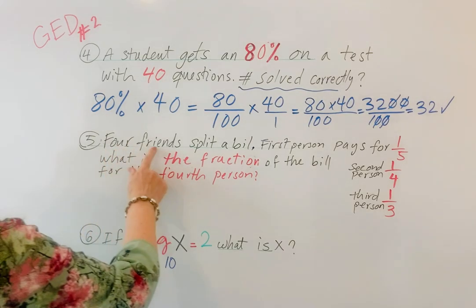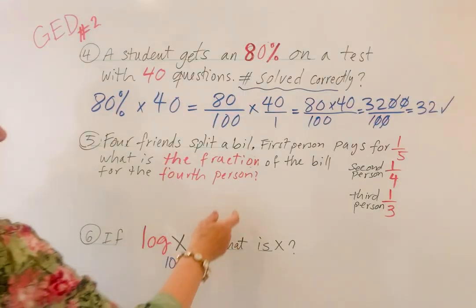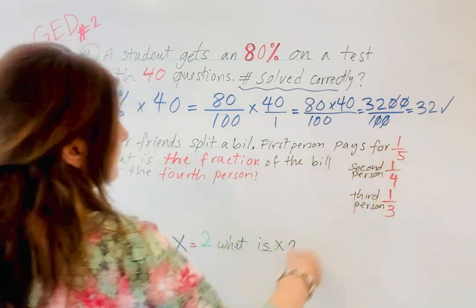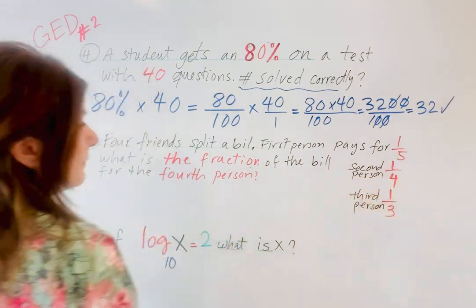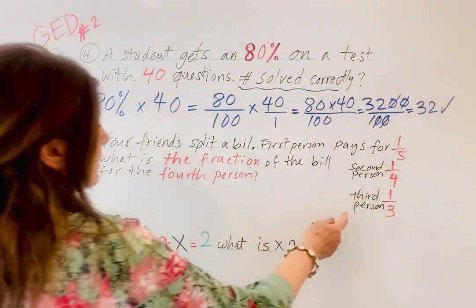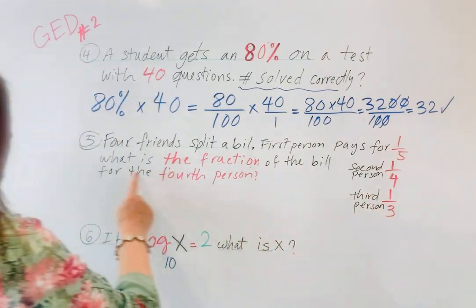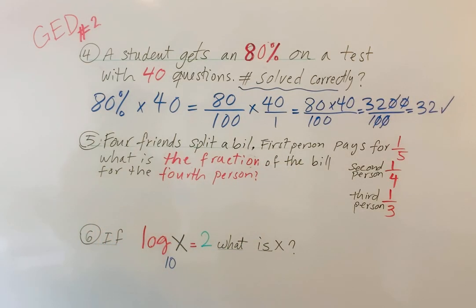Okay, 4 friends split a bill at a restaurant somewhere. The first person pays 1/5 of the bill. The second one pays 1/4 of the bill. And the third one pays 1/3. The question is, what is the fraction of the bill for the fourth person?